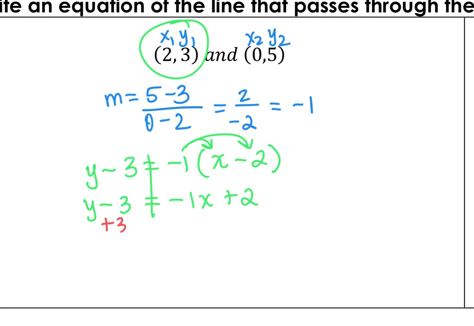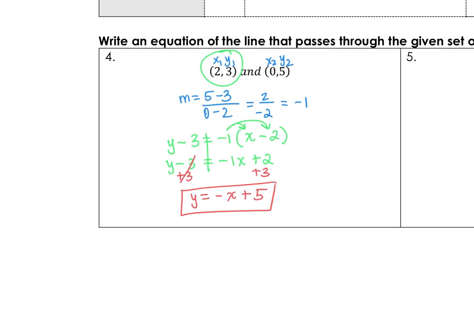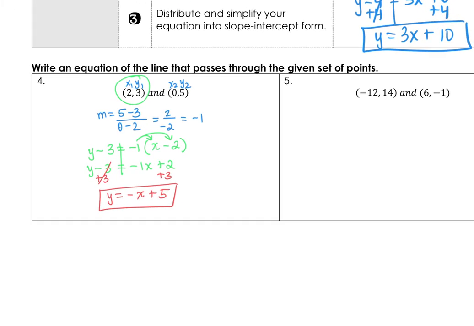So I'm going to add the 3 to both sides, which means the equation in slope-intercept form is y equals negative x plus 5. And if you want to keep the 1 in front of the x, you can, but you don't need it. Find the slope, plug it into that new point slope form, and then simplify. That's it. Okay? 2 more together.